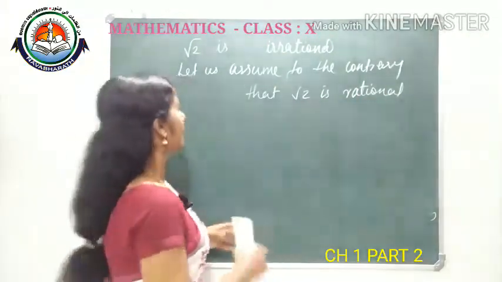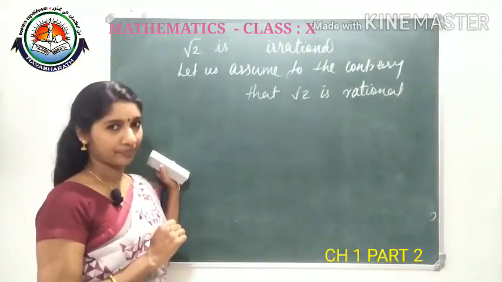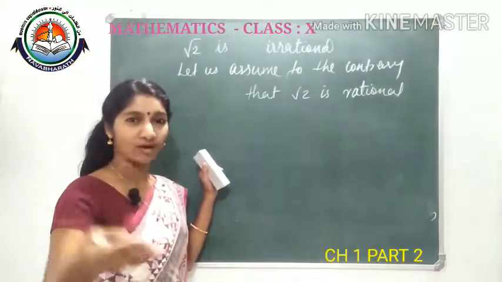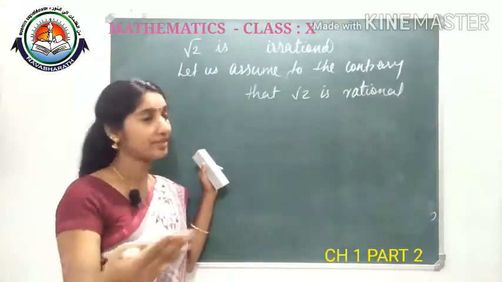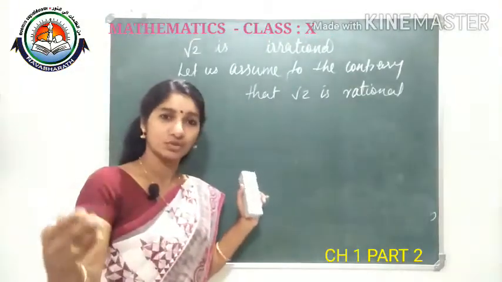Okay. Since now we took root 2 is a rational number. And this method means we started with its contrary. Actually we need to prove root 2 is irrational, its contradiction is root 2 is rational.